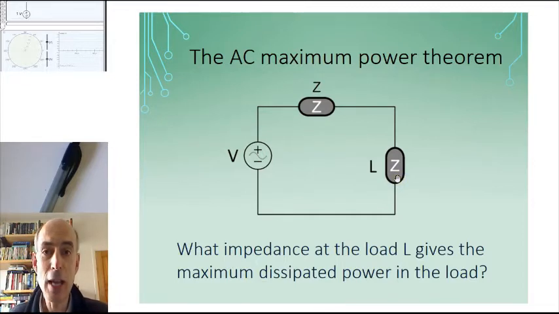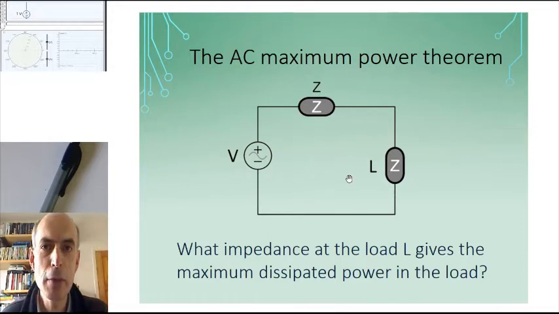A first guess might be to say, well, the maximum power theorem for DC says that the load resistance should be equal to the source resistance, so perhaps L must be equal to Z. No. Doesn't quite work like that.